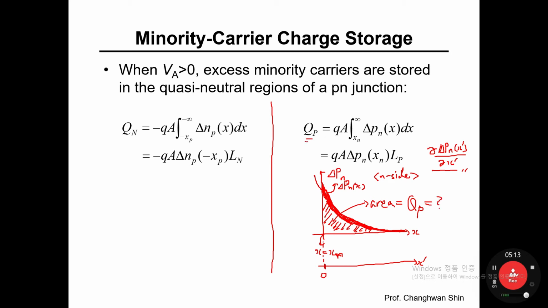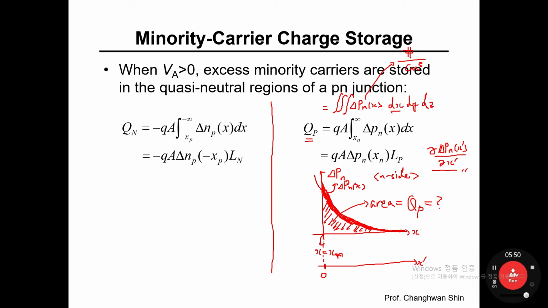As described here, the total amount of charge of holes in the n side is this. We sum up all the excess hole concentrations along the x, y, and z directions, and think about the unit, which is the number of holes per cubic centimeter.